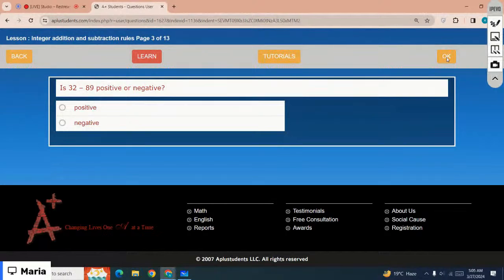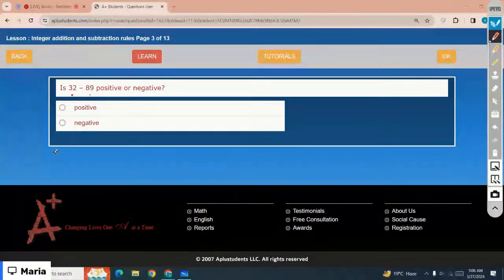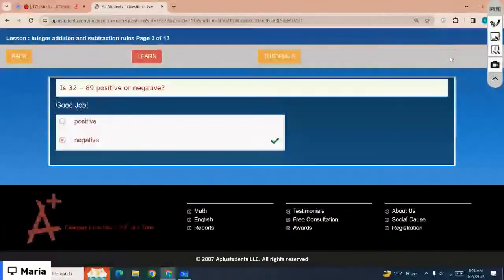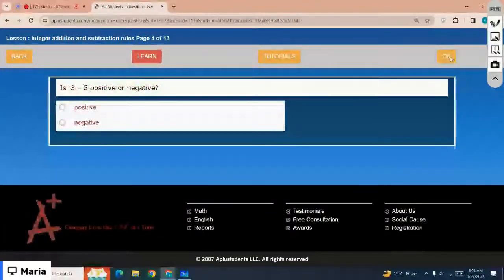You are subtracting the greater one from a smaller number, so the answer is always negative. Next, negative 3 minus 5, positive or negative?